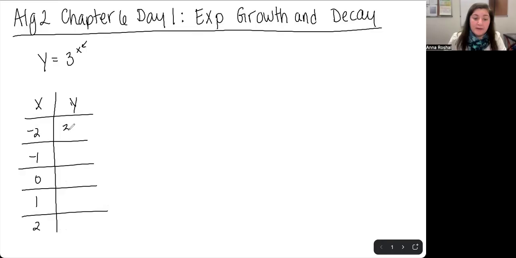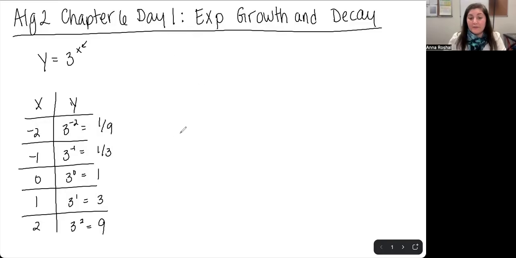So I'm going to have 3 to the -2nd, which is 1/9. I'm going to have 3 to the -1st, which is 1/3. Also, nobody really likes graphing 1/9, but we're going to do it anyway. We are going to have 3 to the 0th, which is 1, 3 to the 1st, which is an easy 3, and 3 to the 2nd, which is 9.